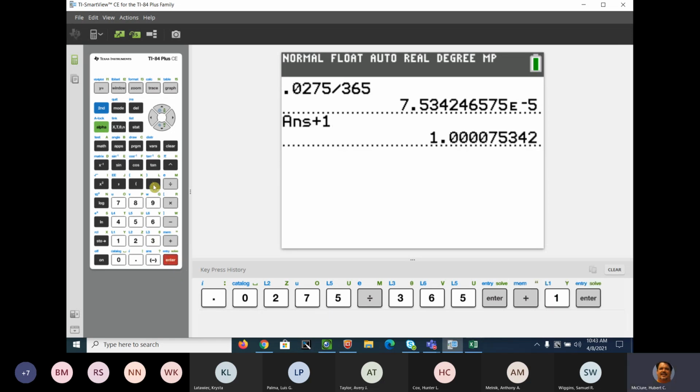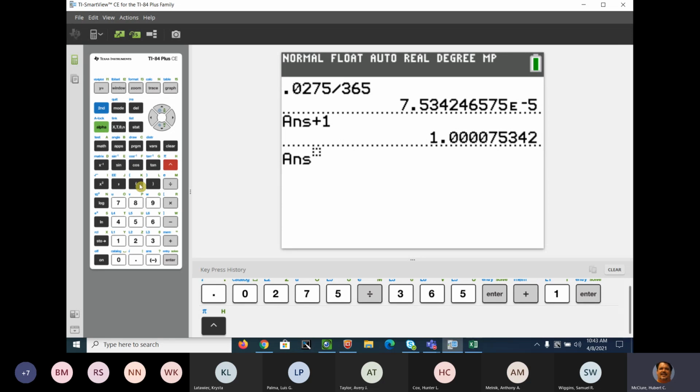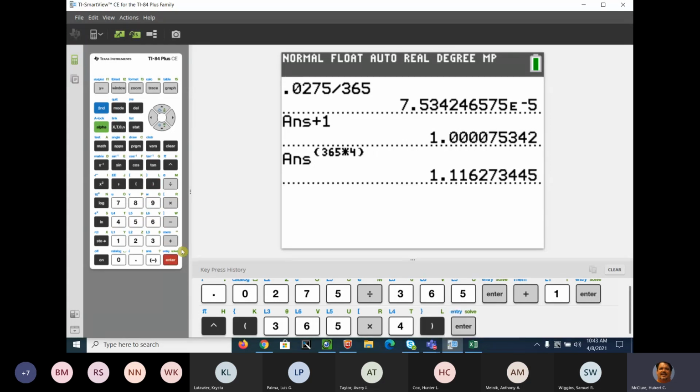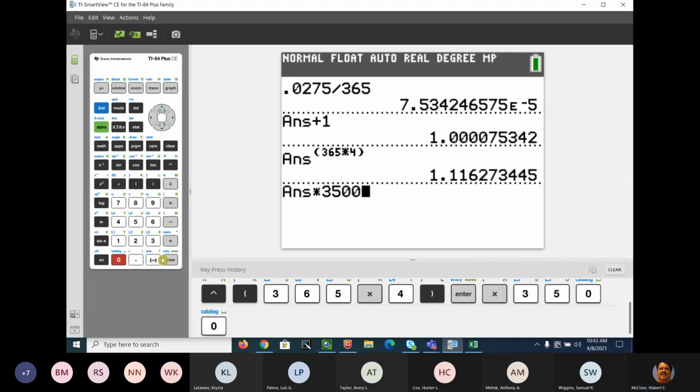And we're going to raise that to the parentheses 365 times 4. And enter. And multiply that by 3,500. 3906.96.